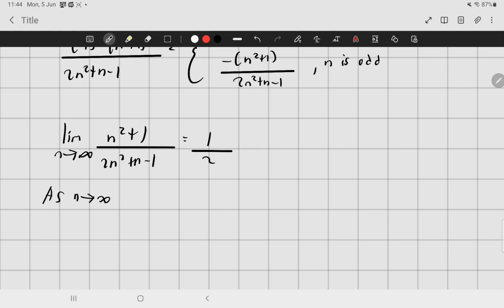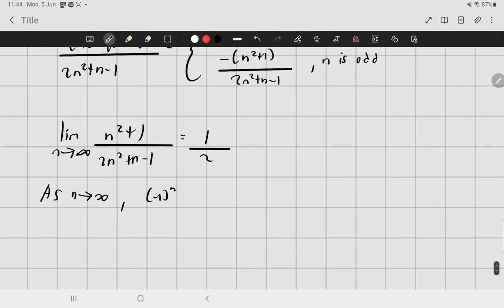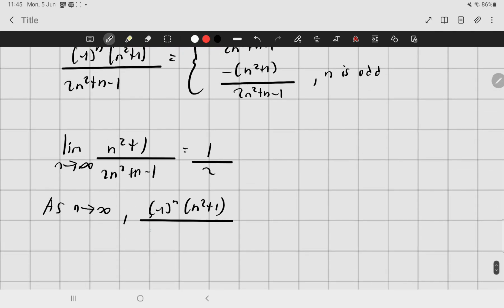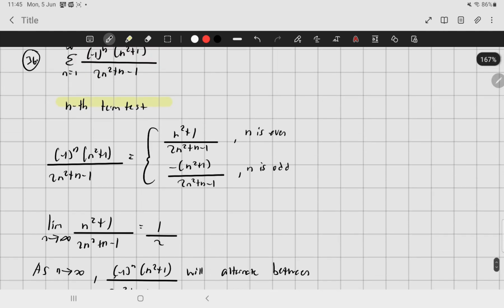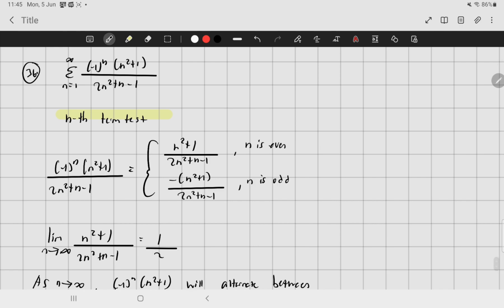As n approaches infinity, this term will alternate between negative 1 over 2 and 1 over 2. Therefore, it diverges. Okay, so yep, it diverges by the test.